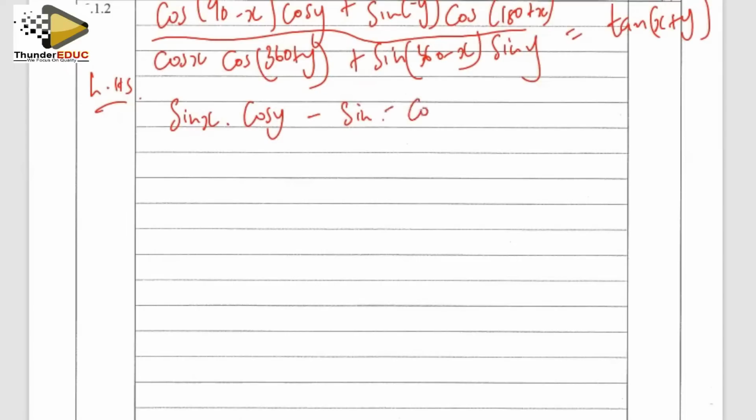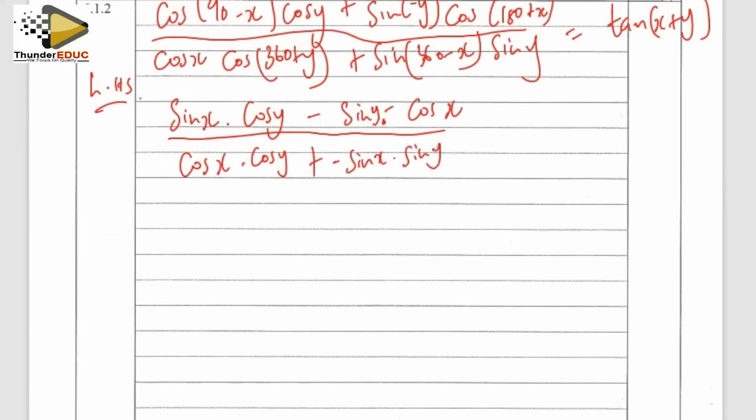So negative cos of x, this is sine y, okay? Over, that's cos x, 360 plus, that is in quadrant 1, where the cos is positive, the cos y, 360 minus, that is in the fourth quadrant, where the sine is negative, and then sine y.